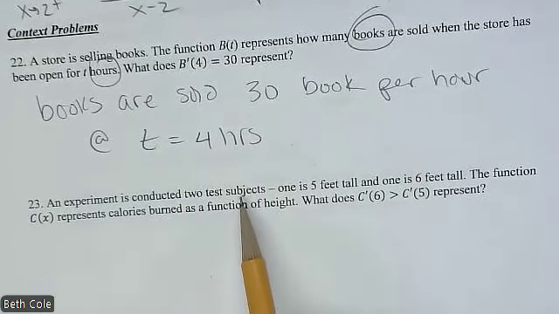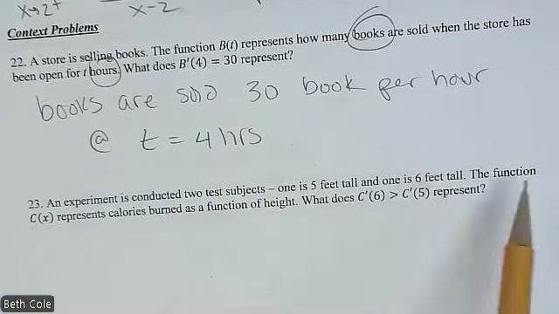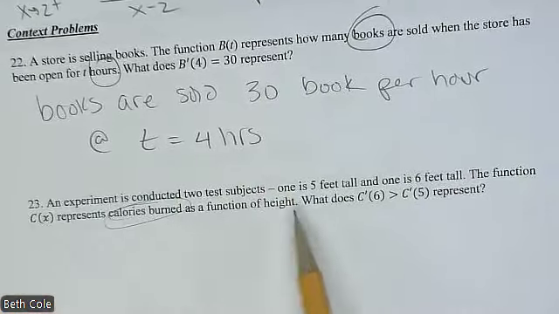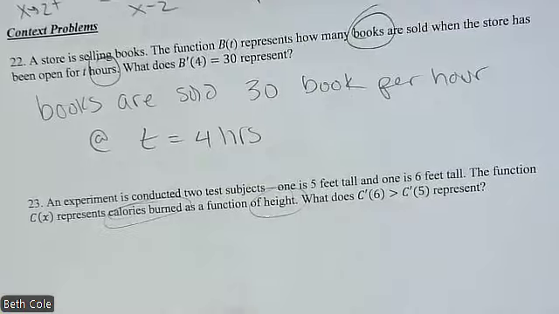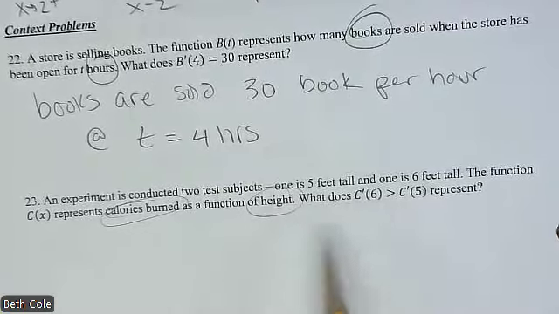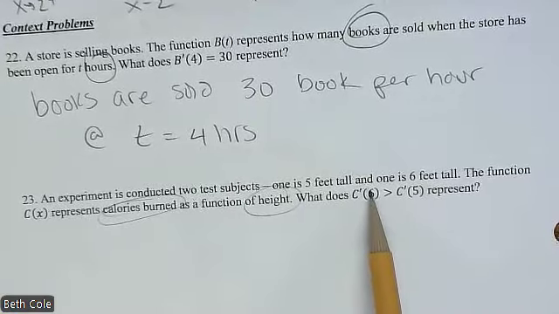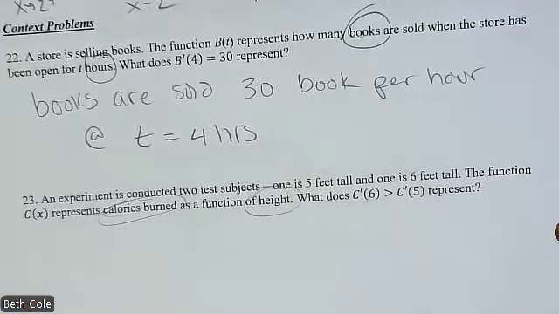All right, an experiment is conducted on 2 test subjects. One is 5 feet tall, one is 6 feet tall. We've got calories burned as a function of height, how tall they are. We've got feet, all right? What does this mean? So that means the 6 foot tall person, what's happening with them? They're burning more calories. So I'm going to read back how they wrote it on the exam.